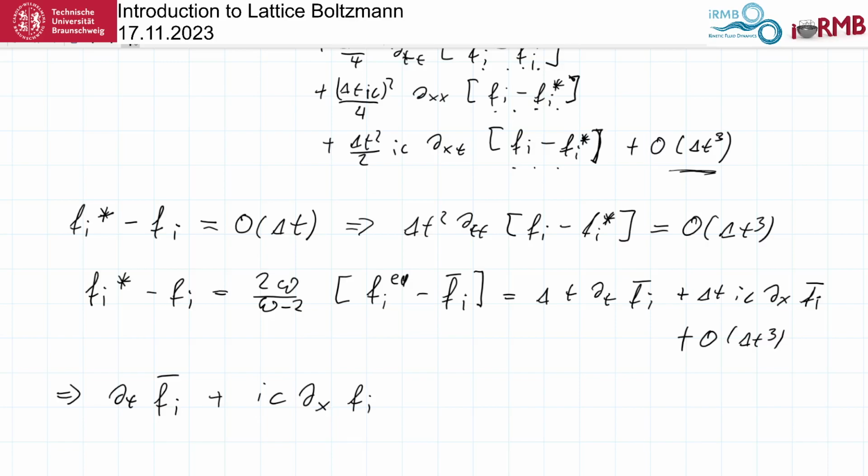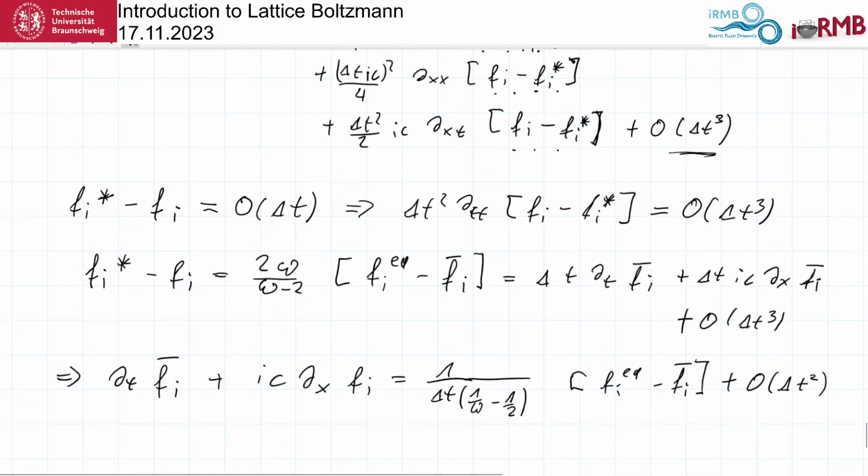It is equal to 1 over delta t, 1 over omega minus 1/2, into fi equilibrium minus fi bar. So this is the BGK operator, and because we divide by delta t, the error goes from delta t cubed to delta t squared, so it's second order accurate.